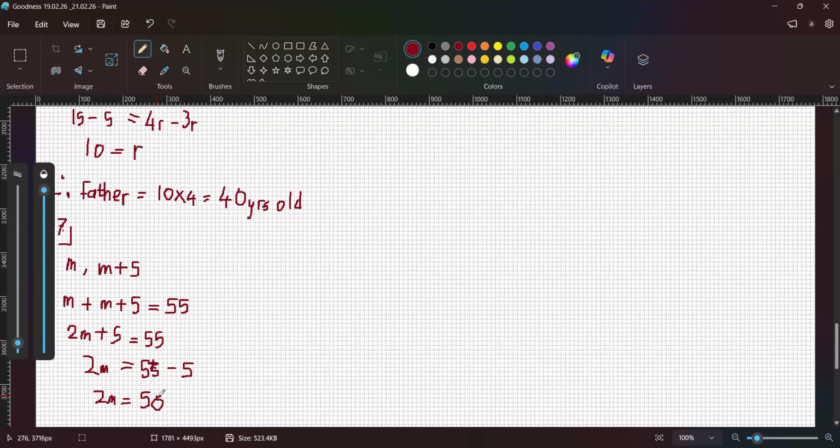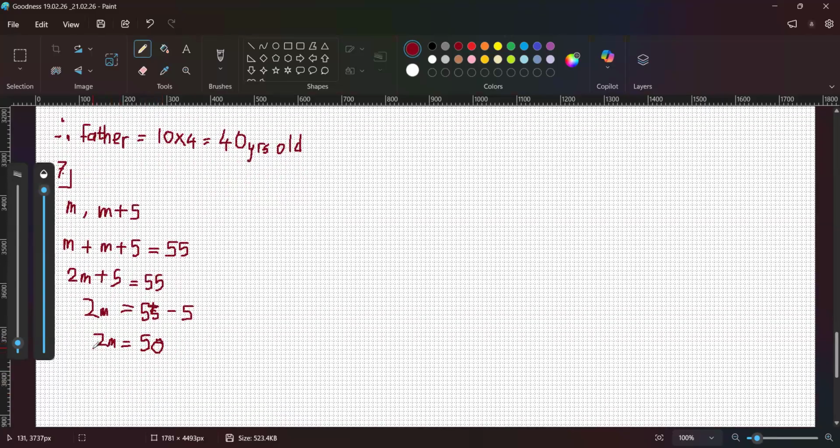By 2, correct. Dividing both sides by 2 will give me 25. 2 into 50 is 25. So, here we go. m equals 25.